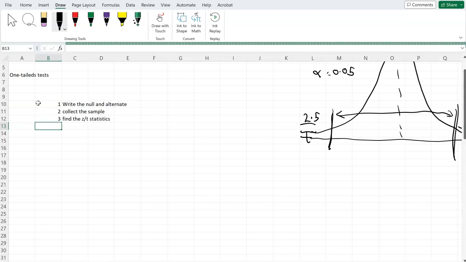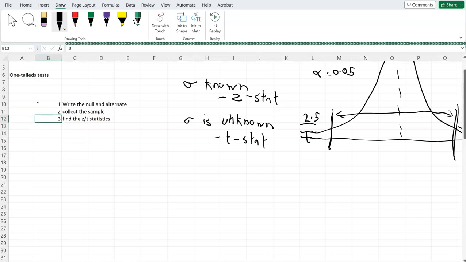If the population standard deviation sigma is known, we use the Z stat. If sigma is unknown, then we use the T stat.